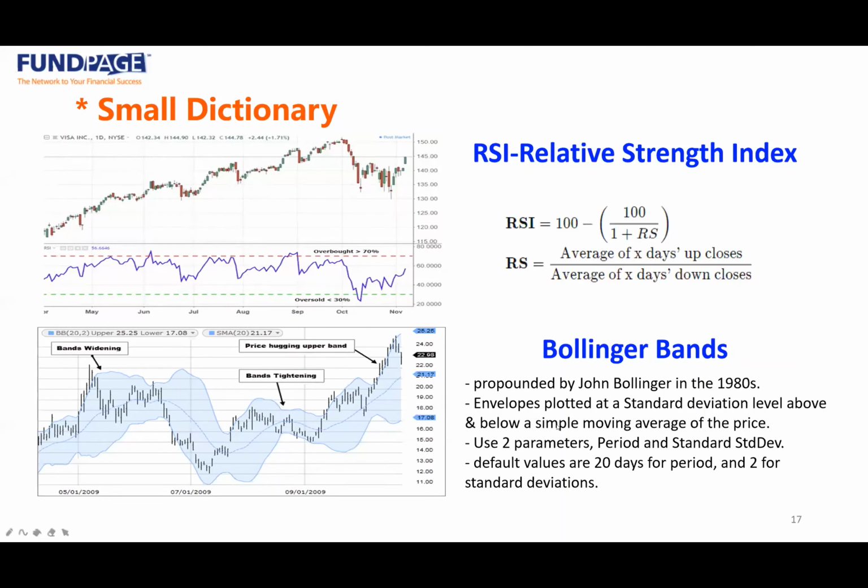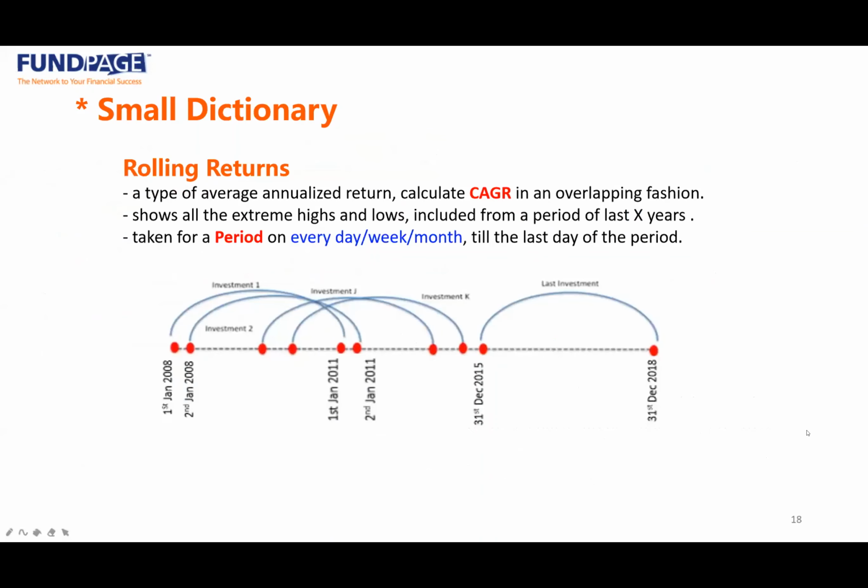Bollinger Bands were developed by John Bollinger in the 1980s. This blue part is the Bollinger Bands. Naturally, the price will stay within this band. If it moves out and breaks through, you have to pay attention. Rolling returns are used to estimate your investment returns.